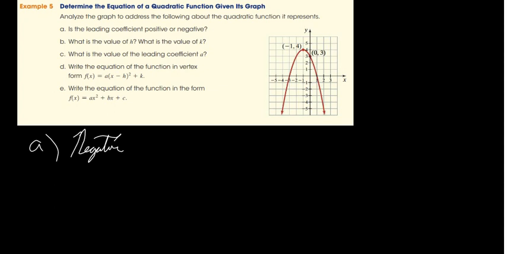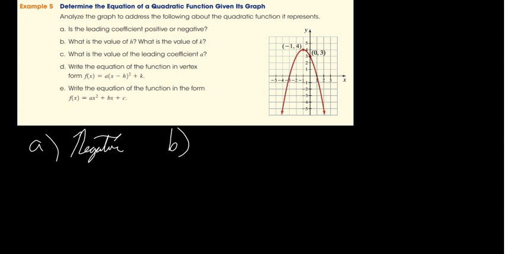Now B reads, what is the value of h and what is the value of k? We know that h is essentially the opposite of my vertex, right? If my vertex is at negative 1, 4, then my h, well, actually that's not true. The h is negative 1.